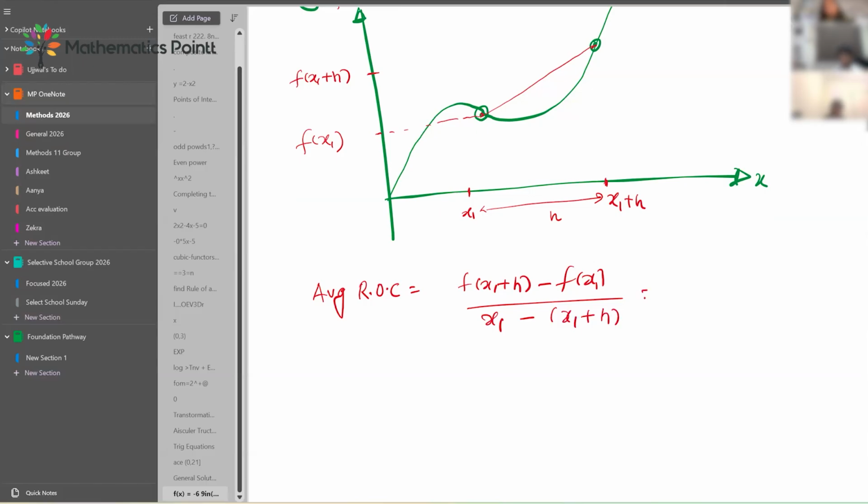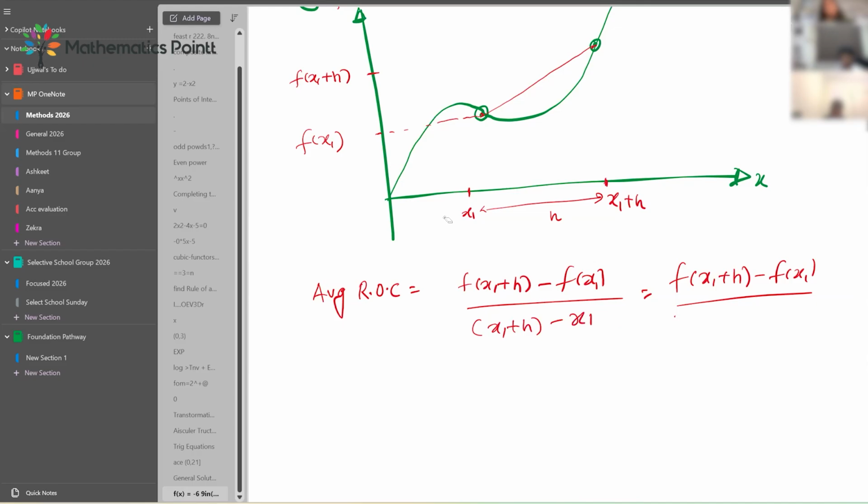Sorry, I think this should have been the other way around. My bad. This should have been x1 plus h minus x1.